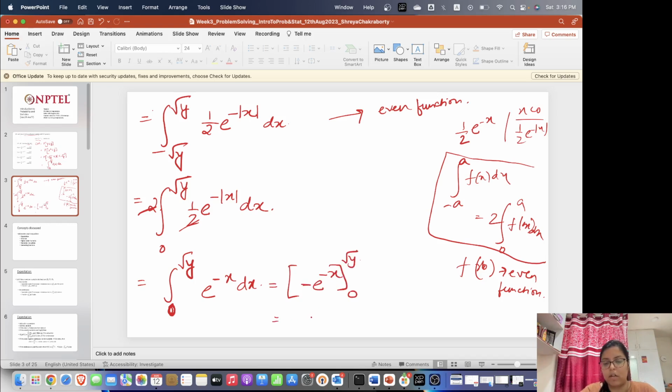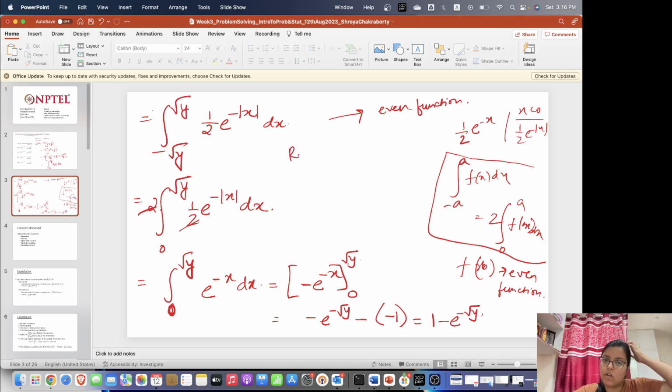So this can be written as minus e to the power minus root y minus of, we substitute 0 over here, we'll get minus 1, since e to the power 0 is 1. So this is nothing but 1 minus e to the power minus root y.